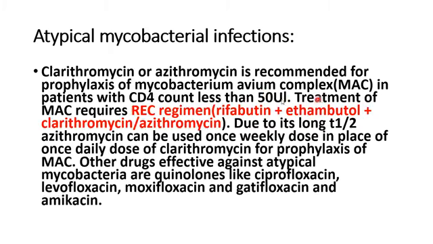Okay, so the treatment comprises of REC regimen, that is rifabutin, ethambutol, clarithromycin or azithromycin. If you talk about only the azithromycin, it has very long half-life. Okay, so once weekly dose is enough, in place of clarithromycin. If you want to give clarithromycin as prophylaxis, you have to give daily. But if you want to give azithromycin, once weekly dose is enough because of long half-life.